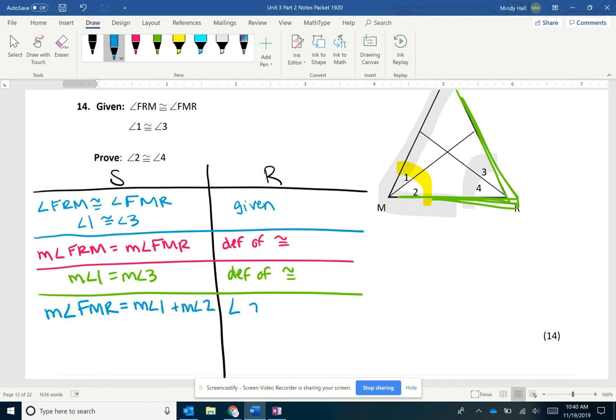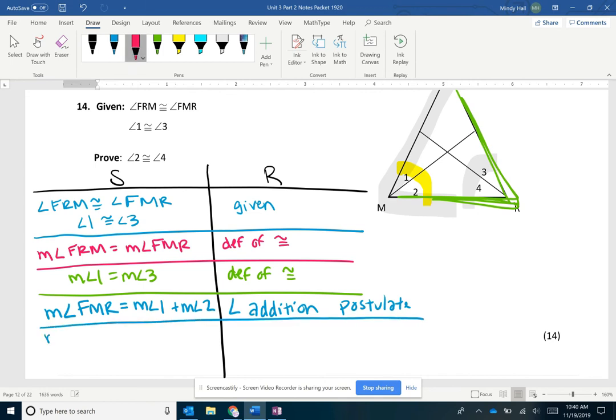And that is just that angle addition postulate again. So then, if I can say that about FMR, then I can do the same thing about the measure of angle FRM. And that one's going to be the measure of angle 3 plus the measure of angle 4. And again, angle addition postulate.